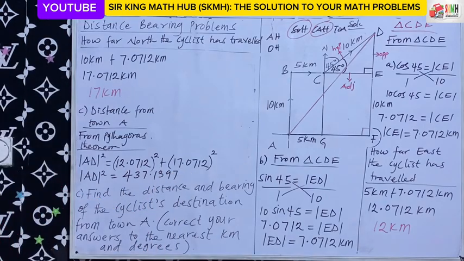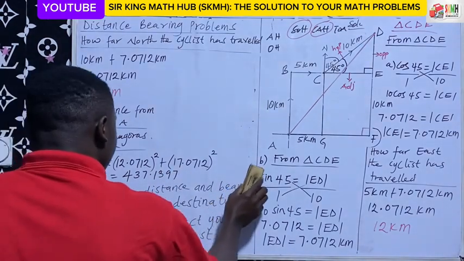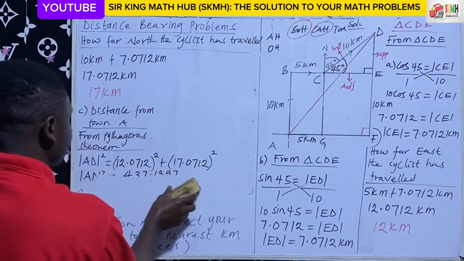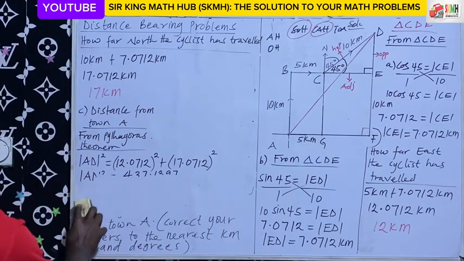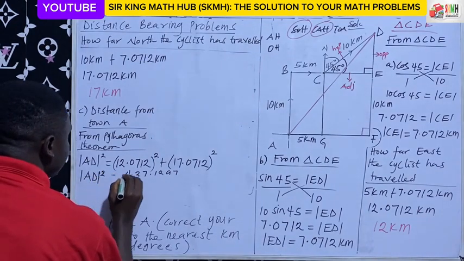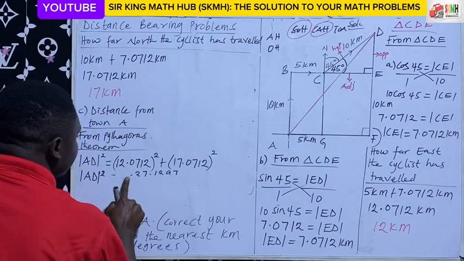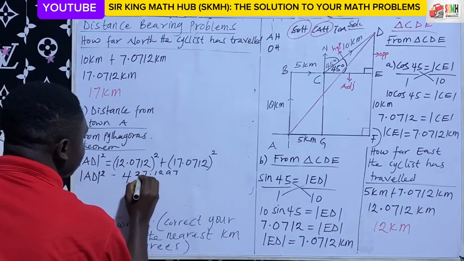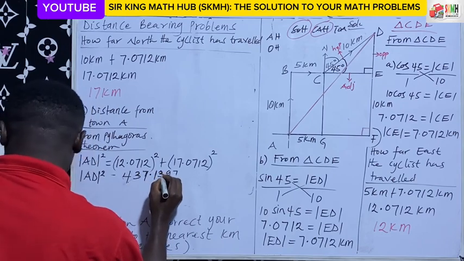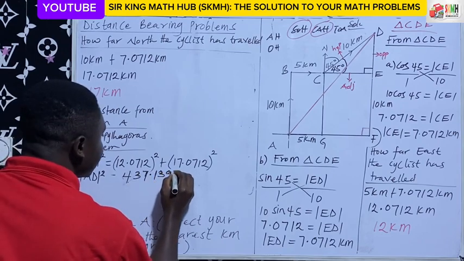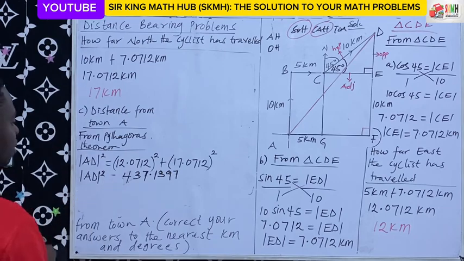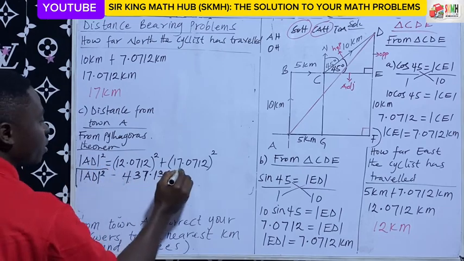So to 4 decimal places, we get 437.1397. So now we are looking for AD, not AD squared. So we can take the square root on both sides.